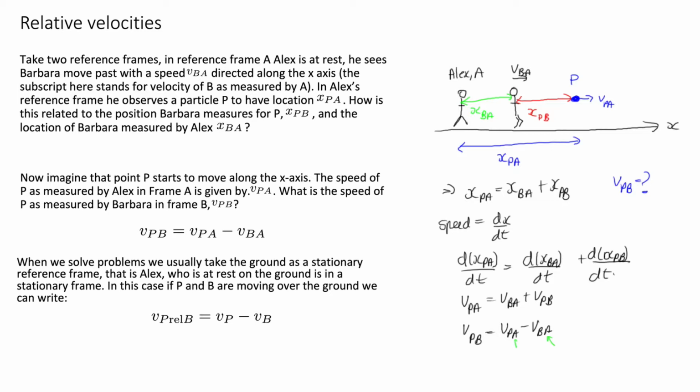So often we can write this as V of P relative to B, which is the velocity of P in the ground's reference frame minus the velocity of B. And these are velocities, so it's a good idea to mark them as velocities with the little squiggle underneath them.